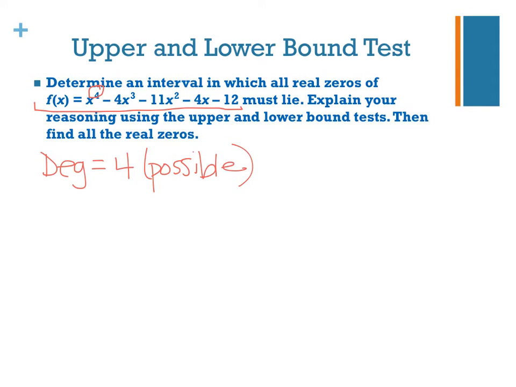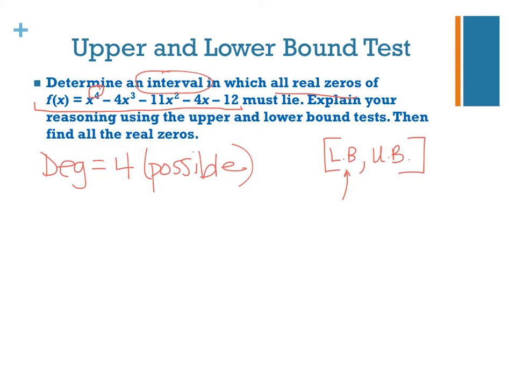And we need to figure out an interval. Again, an interval is like what we use to describe a domain. So an interval is going to say all of our real zeros lie in between this x value and this x value. So what you're looking for is you're going to have a bracket and a bracket, and this right here is going to be your lower bound, and this right here is going to be your upper bound.